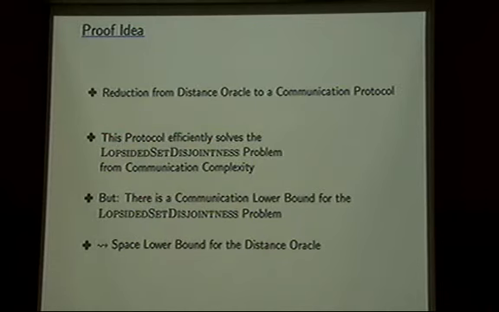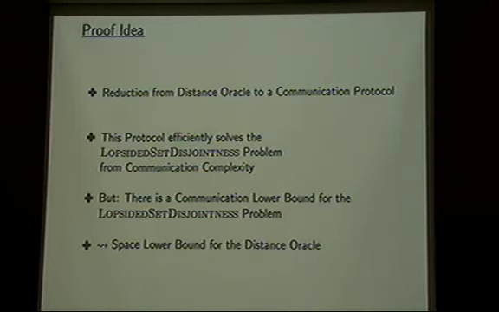And for the remainder of the first section, I want to give you a brief outline of how the proof works. The proof is a reduction from a distance oracle problem to a communication protocol. So this is a reduction to some communication complexity problem. And the protocol we generate using a distance oracle will then efficiently solve a communication problem.